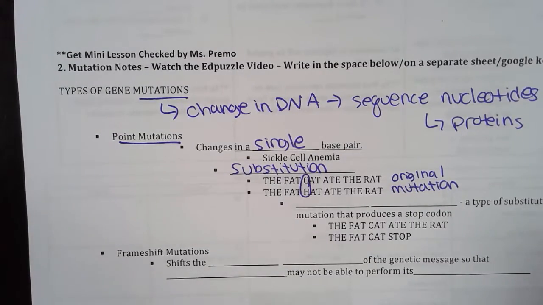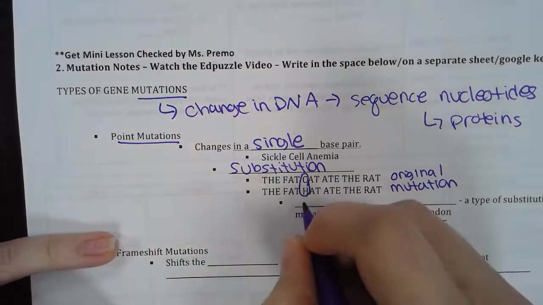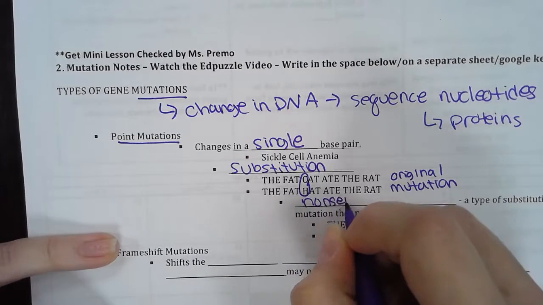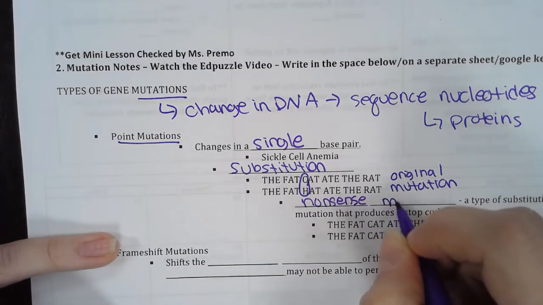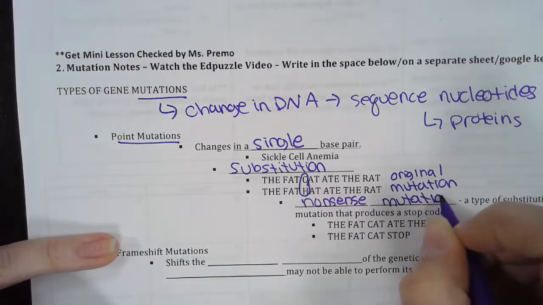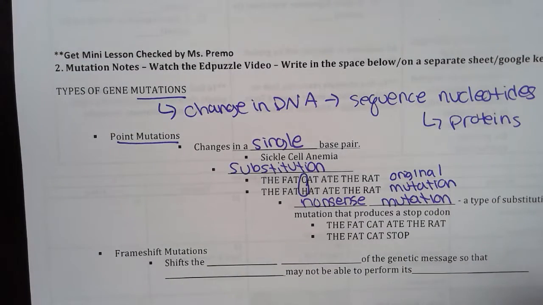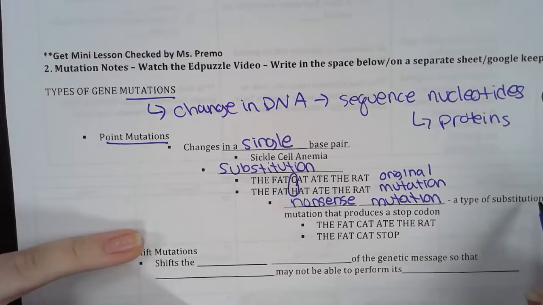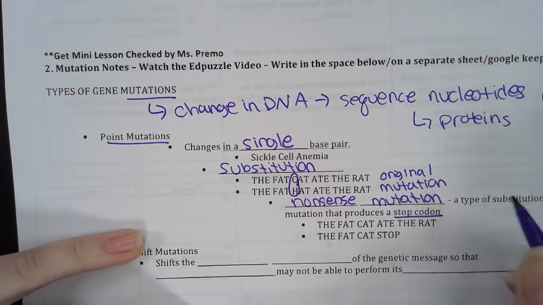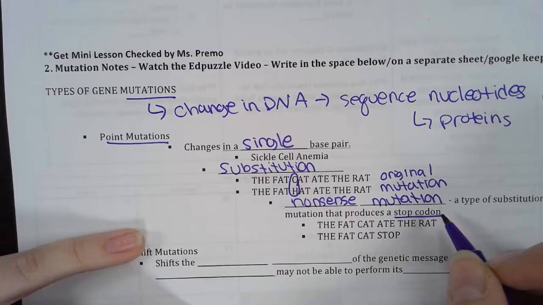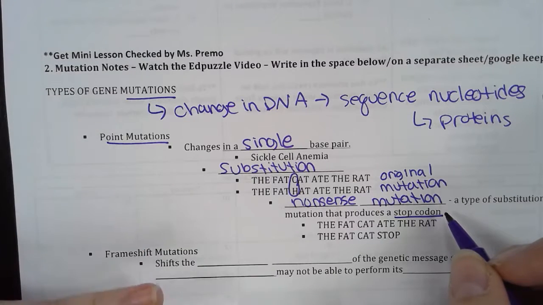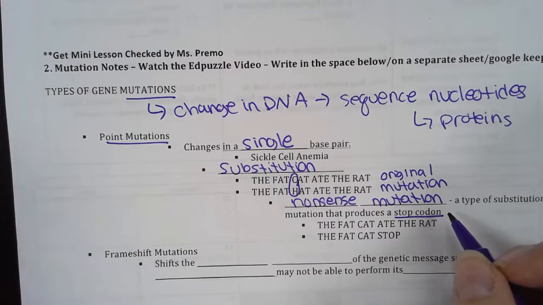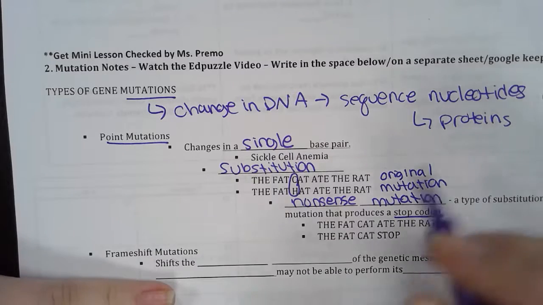Another type of point mutation is called a nonsense mutation. And what happens is exactly what it sounds like, nonsense. So it's a type of substitution mutation or a point mutation that produces a stop codon. So remember, a codon is every 3 nucleotides, or every 3 nitrogen bases, that produces 1 amino acid.